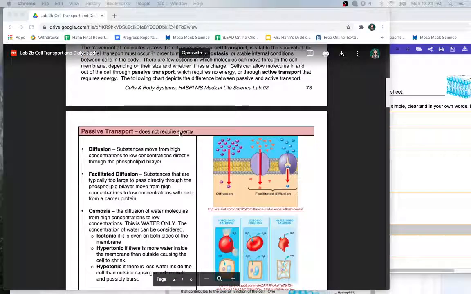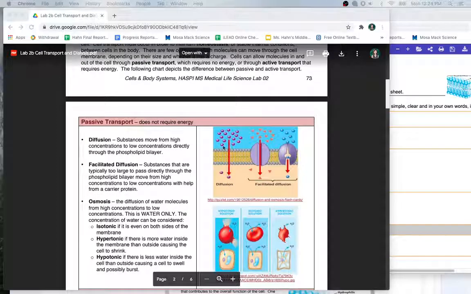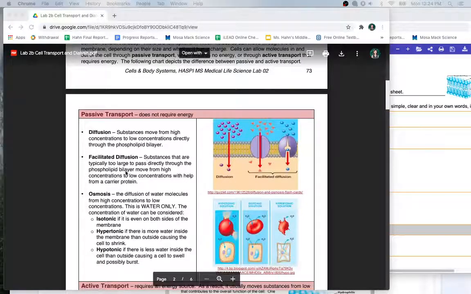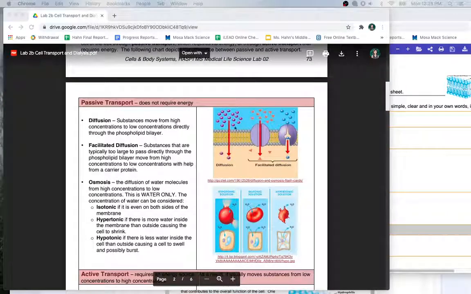Sometimes things can move in and out without using extra energy, and that would be diffusion, facilitated diffusion, or osmosis. When there's a lot on one side of the cell membrane, then naturally the molecules will diffuse across the membrane from high concentration to low concentration. So that's going with the flow, high to low.